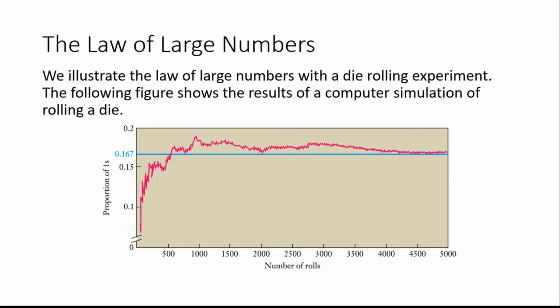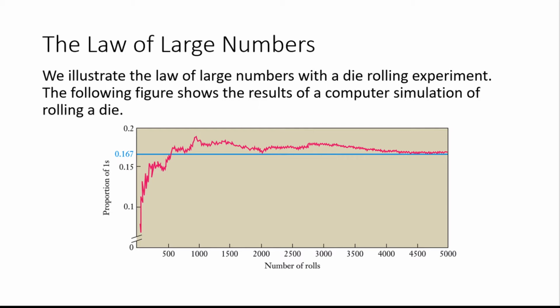Let's consider. We illustrate the law of large numbers with a die rolling experiment. The following figure shows the results of a computer simulation of rolling a die. Along the horizontal, the title is the number of rolls, and the units increase by 500, starting at 500 and going all the way to 5,000.